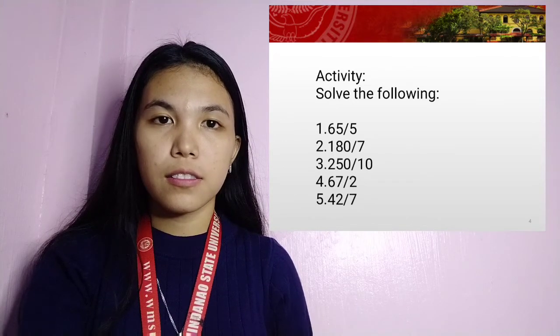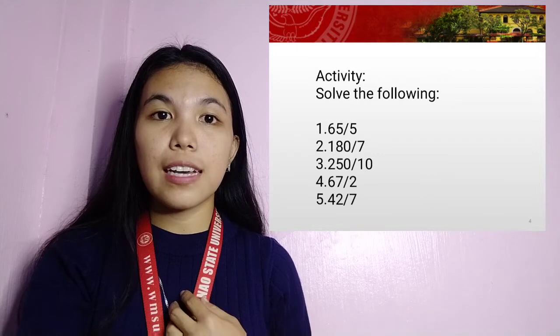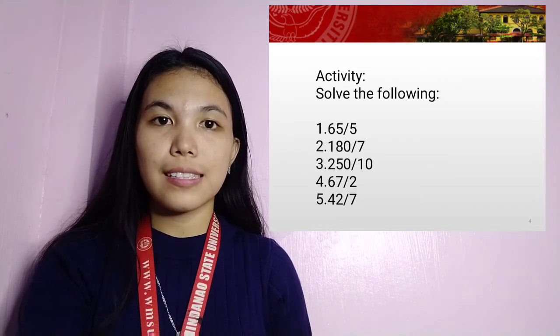Okay, group 1 got the correct answer first. It's 6. So, group 1 has 3 points and group 2 has 2 points. Then the points are multiplied by 5. So all in all, group 1 got 15 points and group 2 got 10 points.